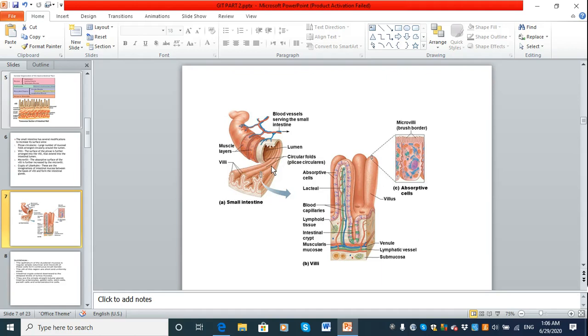Then if we take one part, a magnification, you will see absorptive cells. You see fingers, and you will see the intestinal crypt. And now we take another part, you will see microvilli, like a brush border, which gives space to increase the absorption.